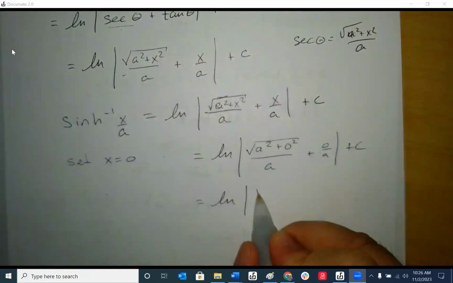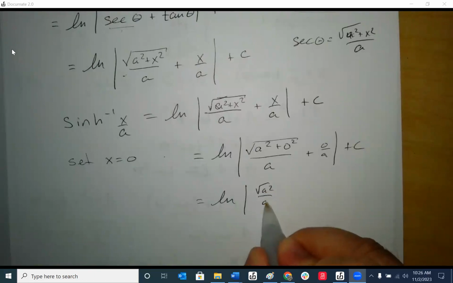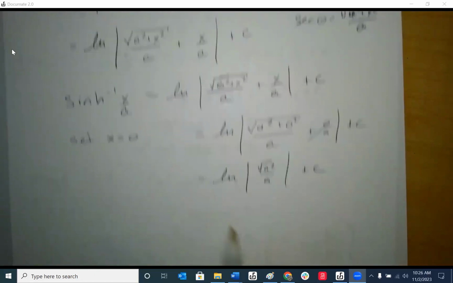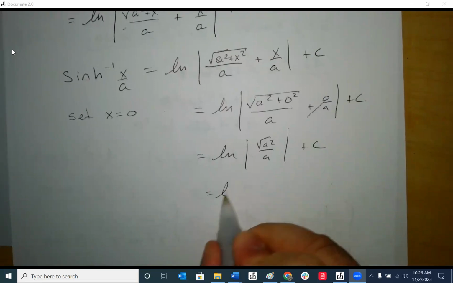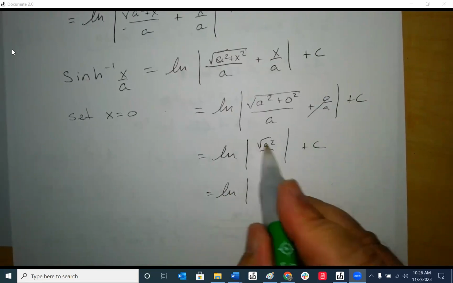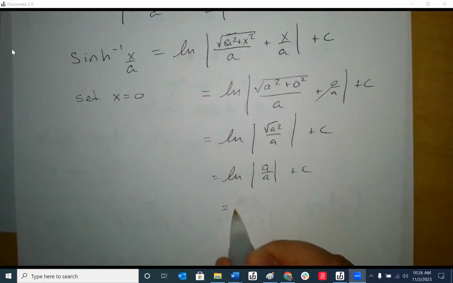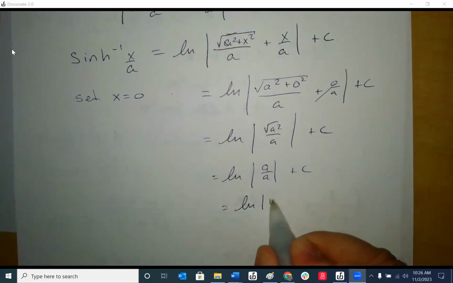The square root of a squared is a, so a over a plus 0, so it's ln of the absolute value of 1.